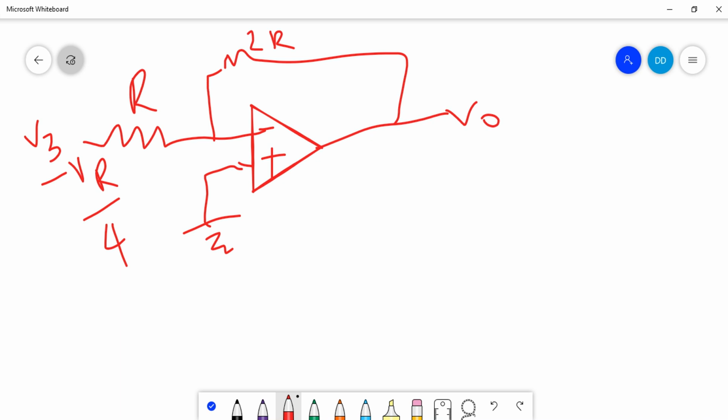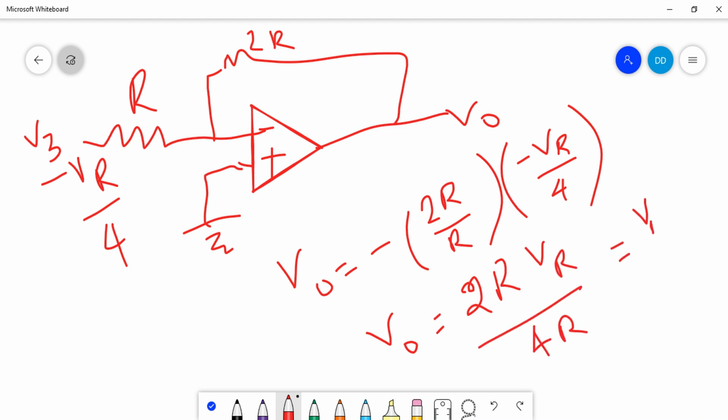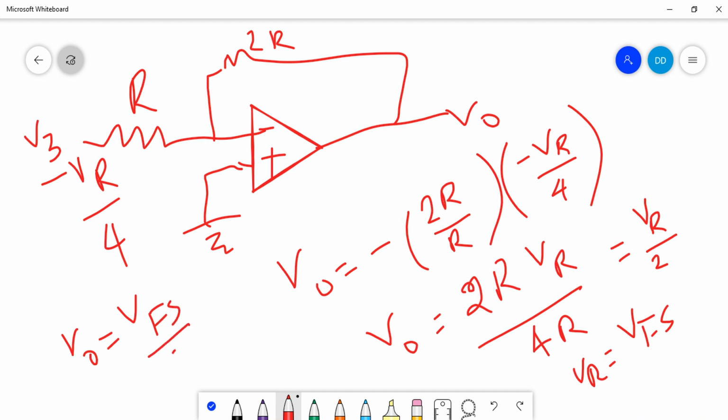So V0, we can write it as minus 2R by R into minus VR by 4, or V0 is equal to 2R into VR by 4R, or it is equal to VR by 2. VR is equal to our full scale voltage VFS. Therefore we can write V0 is equal to VFS by 2. That is the full scale output voltage.